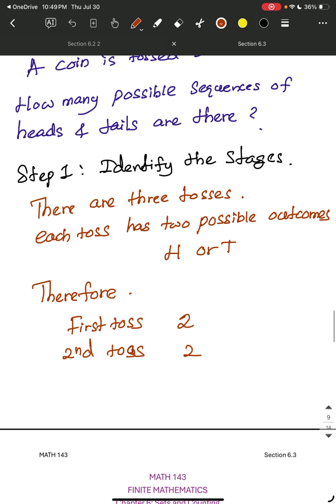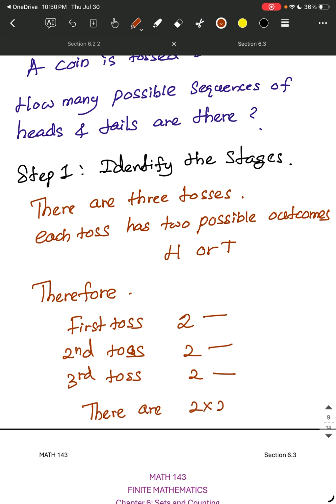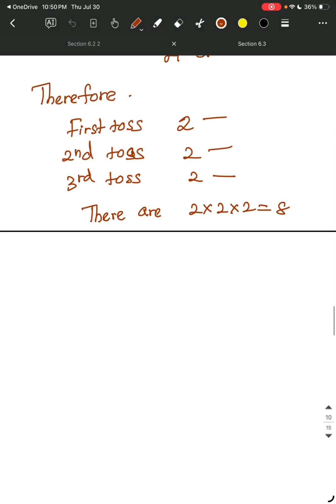Third toss, 2 possible outcomes. So there are 2 times 2 times 2, 8 possible sequences.